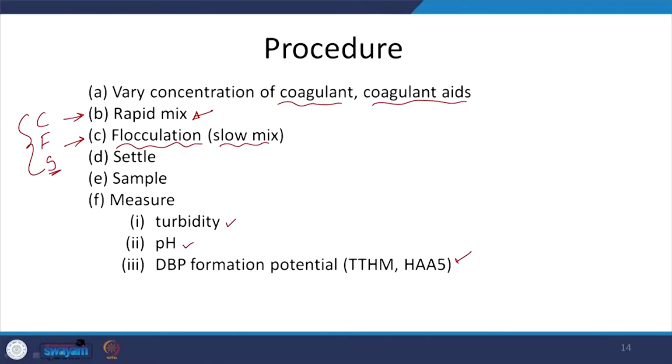So obviously I will measure turbidity. In India, we don't do this, but if we are able to remove some natural organic matter which will affect the DBP formation potential, that also you can measure. And volume of solids, how much volume of solids is produced. Why? Because in the actual treatment plant, you will have sludge being settled down, and you will have to take care of that sludge again. So you want to be able to calculate that.